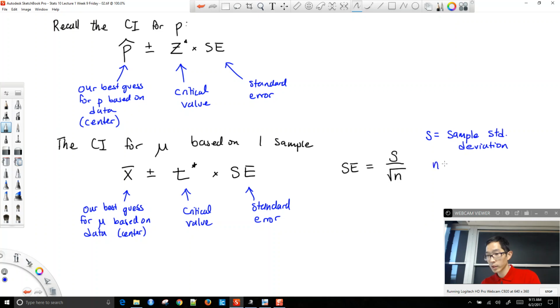And n is our sample size, as always. The way we take t star, though, t star comes from the t table.